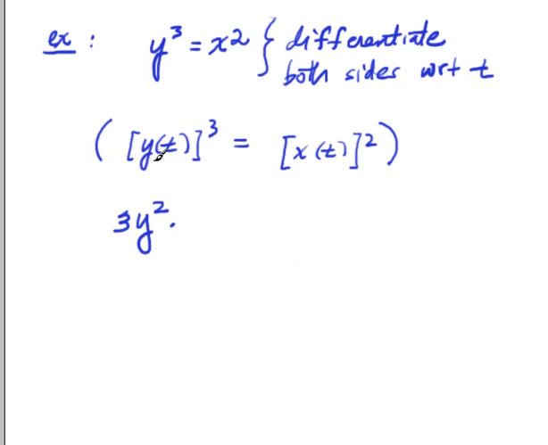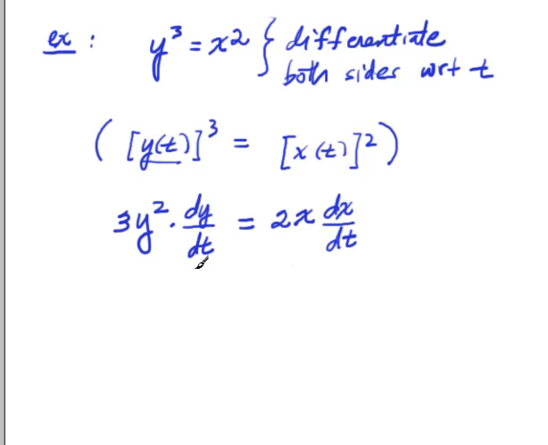And now multiply by the derivative of the inside, which is y prime of t, but we're going to write that as dy dt. And here also bring the 2 down, x to the 1. Derivative of the inside is dx dt. All right, so that's how we differentiate both sides with respect to t.